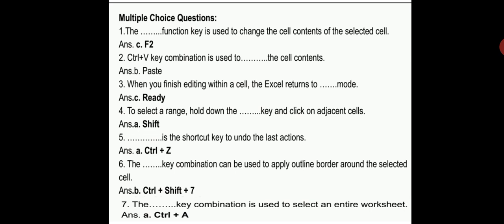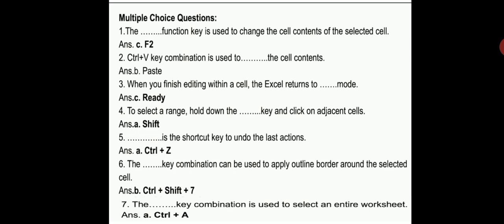The third is, when you finish editing within a cell, the cell returns to dash mode. It's Ready mode. Fourth is, to select a range, hold down the dash key and click on the adjacent cell. It's A, Shift. The fifth is, dash is the shortcut key to undo the last action. That is A, Control plus Z.